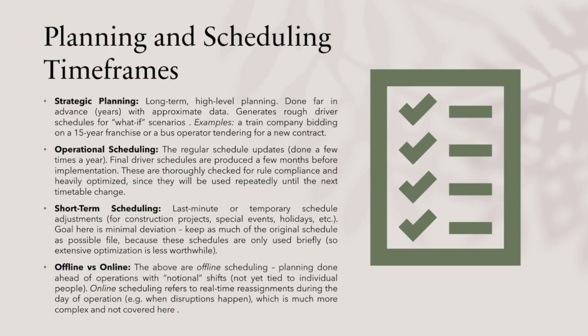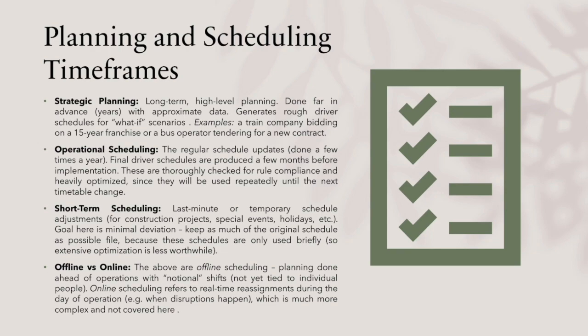change. Short-term scheduling covers last-minute or temporary schedule adjustments for construction projects, special events, holidays. The goal here is minimal deviation, keeping as much of the original schedule as possible, because these schedules are only used briefly, so extensive optimization is less worthwhile.